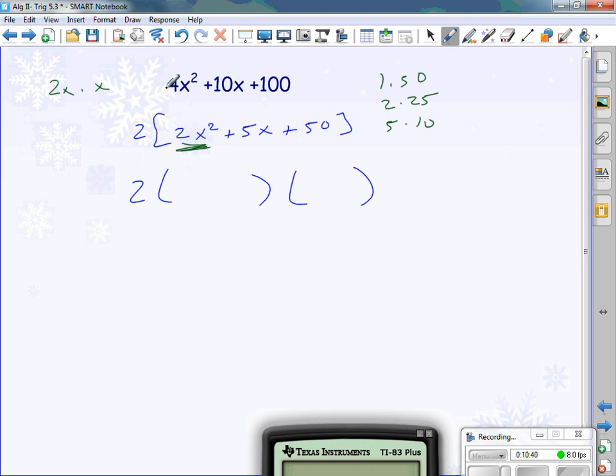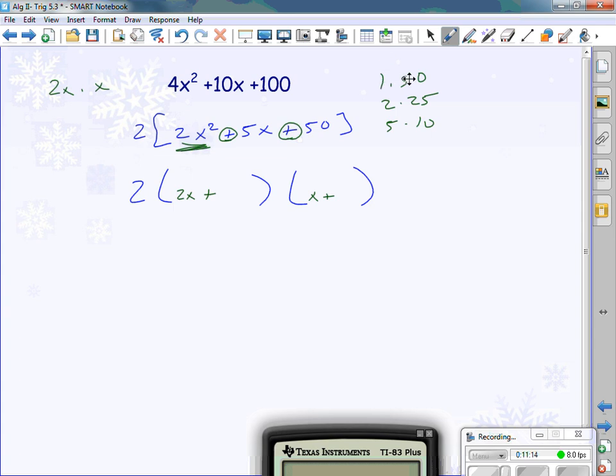So I need to figure out some sort of combination. The signs are the same, and they both have to be positive. So I know one has to be 2x, 2x plus, 1x plus. So I need to add them together and get a 5 in the middle. Is there any way I can do this and get a 5 in the middle?